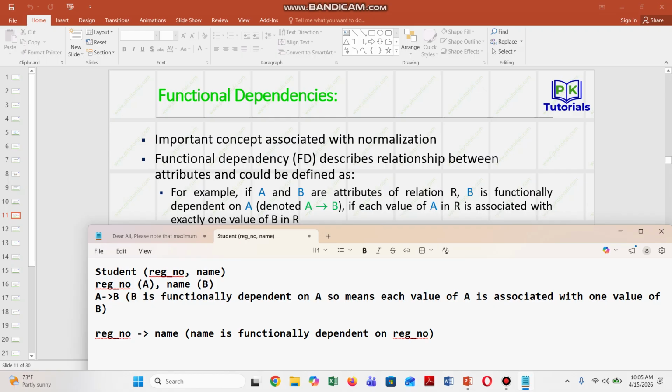So for each registration number, there is only one name.